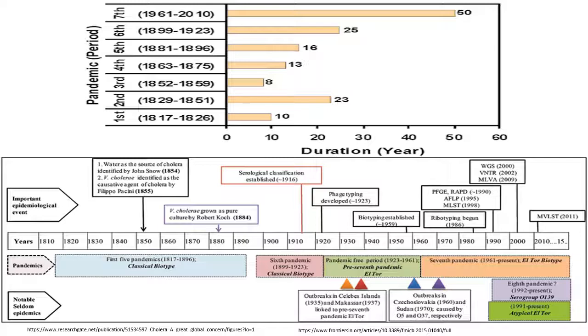The 6th pandemic takes place heading into the beginning of the 20th century, and after that 6th pandemic, there's about a 30-year lull before we get hit with the 7th pandemic. For my presentation, I want to focus on the 7th pandemic, the El Tor strain, because that is the most recent one to hit the Haiti region.